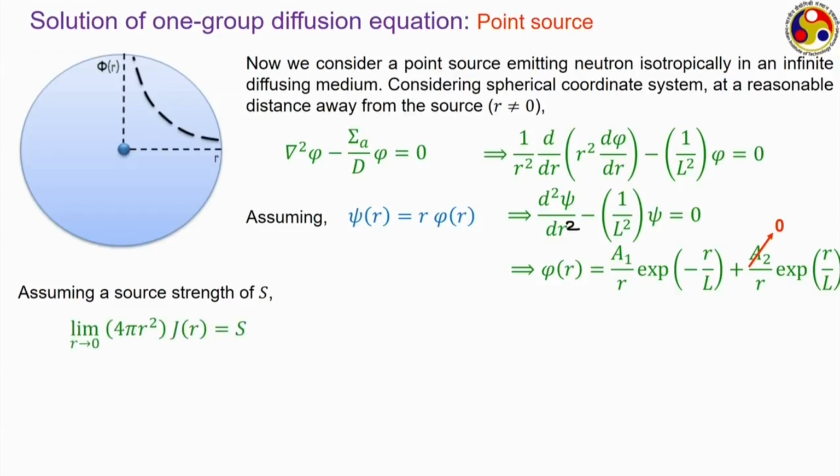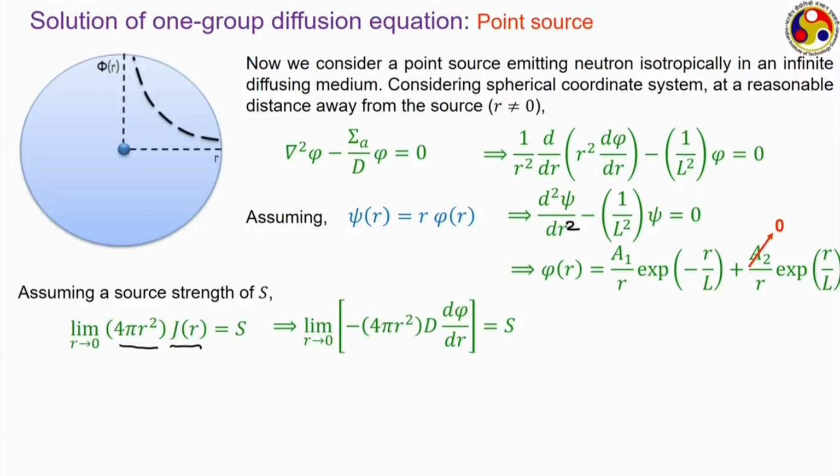Then the neutron current density J_r multiplied by the area of the sphere of radius r, which is 4πr², should be equal to this S, because whatever may be the value of r, the number of neutrons emitted by the source must pass through the entire surface of this particular sphere, which is given by 4πr², and multiplying that with the neutron current density, we get that to be equal to S at r equal to 0.